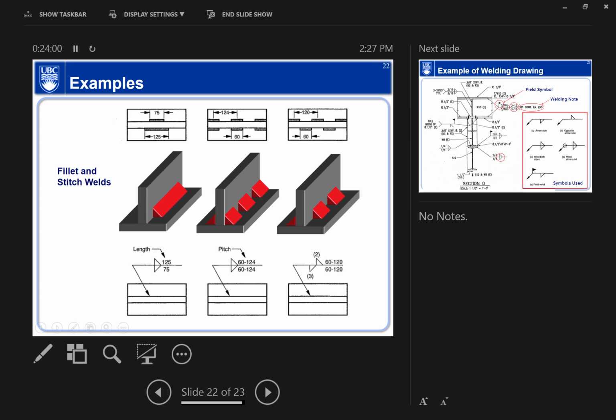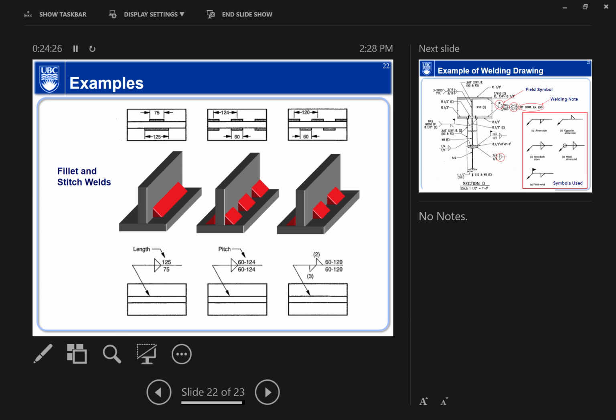125 and a 75. So you point to here, the arrow side. Remember which, the bottom or the top, refers to the arrow side? It's actually the bottom. The bottom refers to the arrow side.